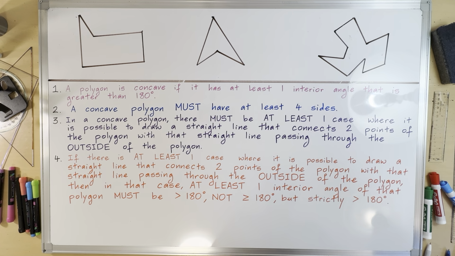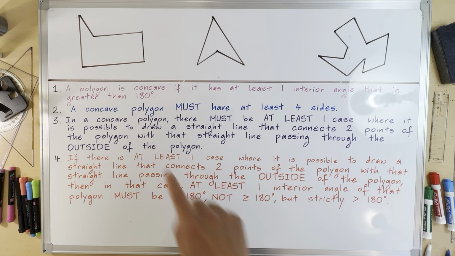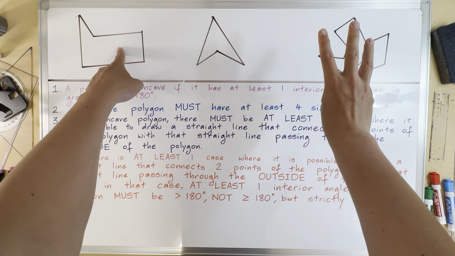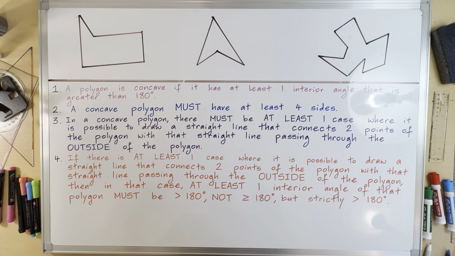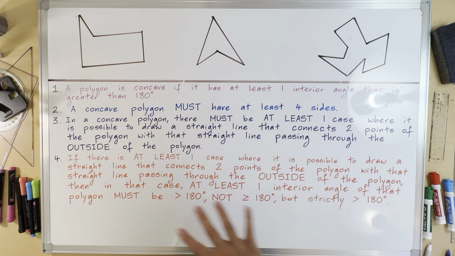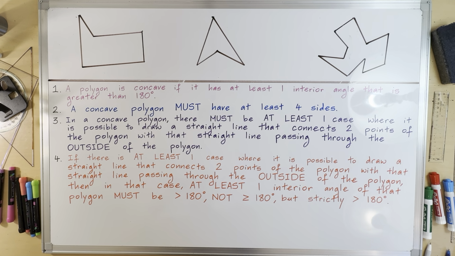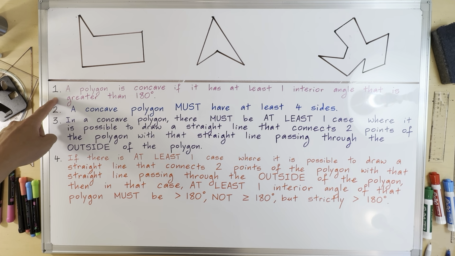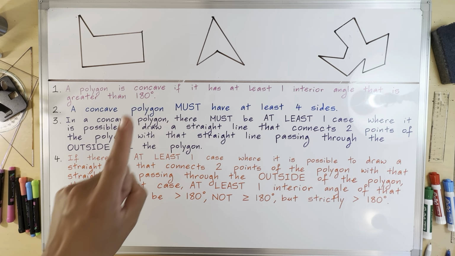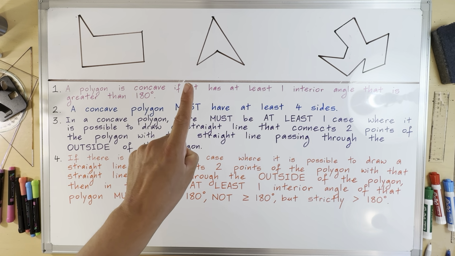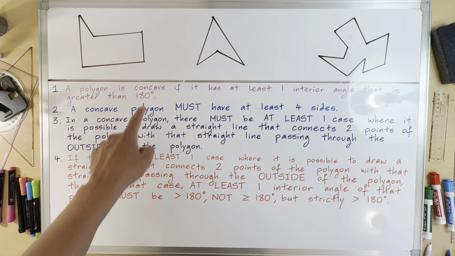So we will now examine how each one of these three concave polygons satisfies all four of these definitions right here. So statement number one states that a polygon is concave if it has at least one interior angle that is greater than 180 degrees.